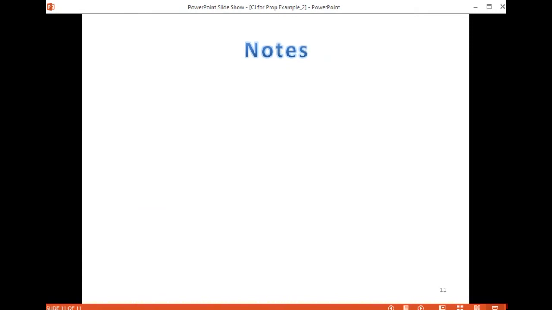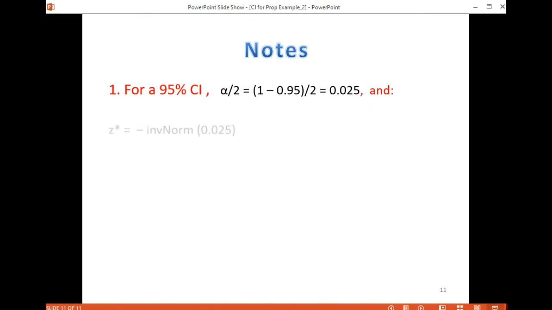A couple of notes. One of the hardest parts of doing all of this, especially using the first method, is finding the z value. So here I'm going to show you how to find the z value for a 95% confidence interval.